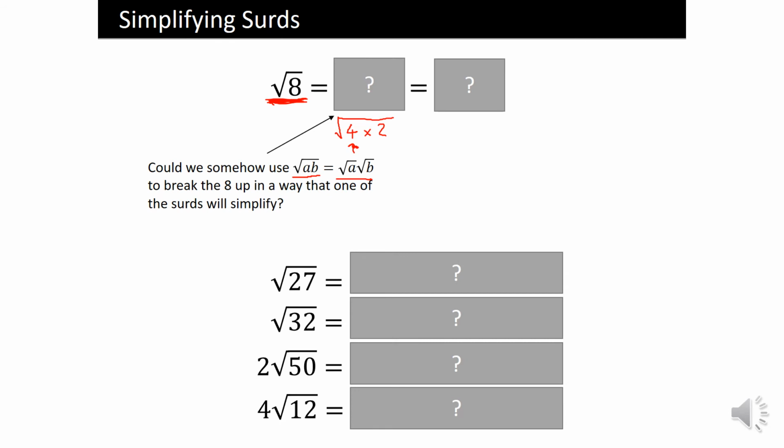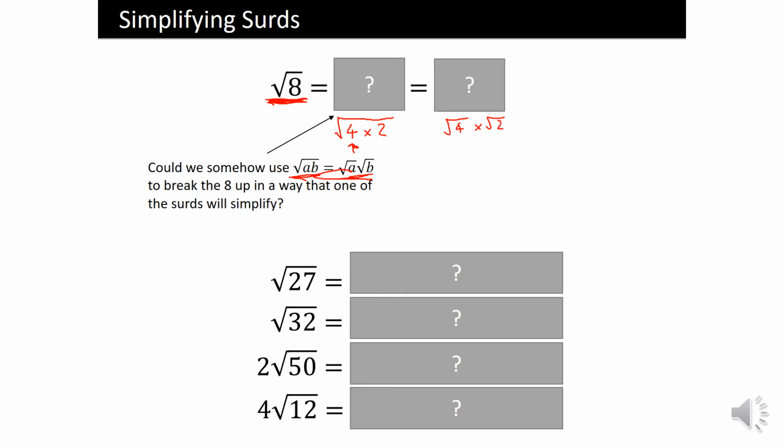So because I've got the square root of 4 times 2, I can now write that using this rule here. So if I set A is 4, B is 2, we can write that as the square root of 4 times the square root of 2.